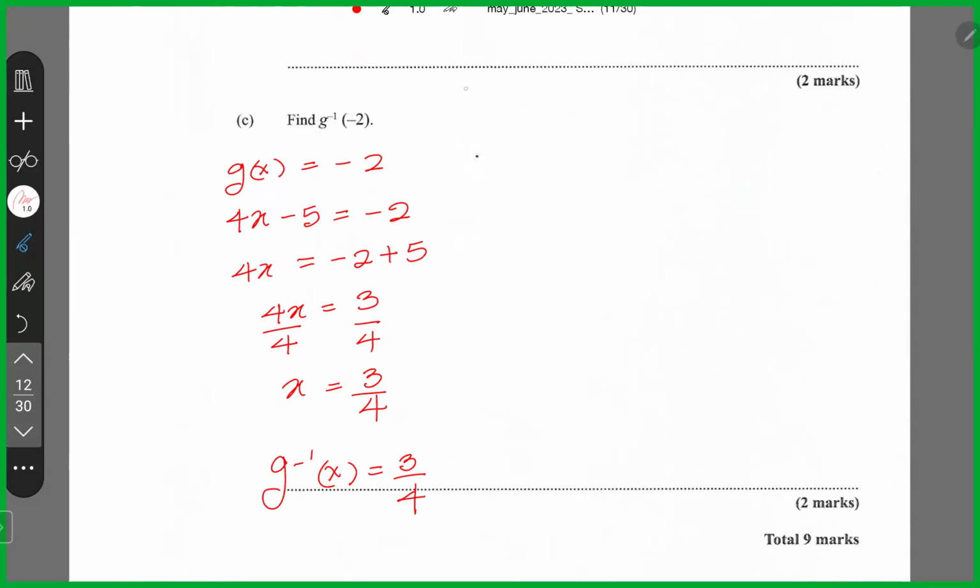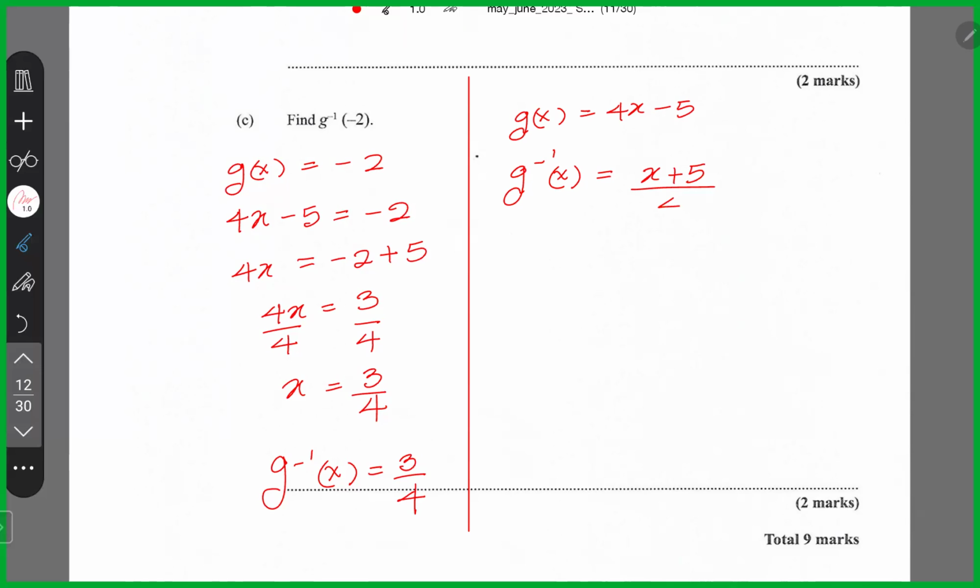Now, there's an alternate way that this could have been done. The alternate way is more intuitive. Well, if g of x is equal to 4x minus 5, I could first find g inverse of x. So I could go through the process of finding g inverse of x, which would come out to be x plus 5 over 4.